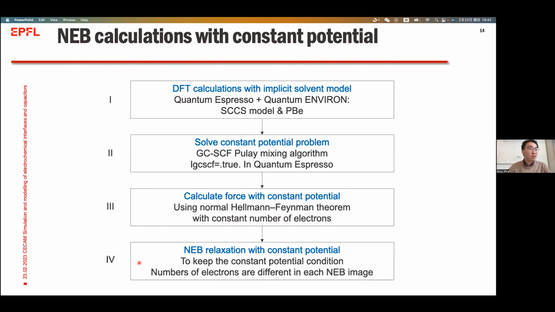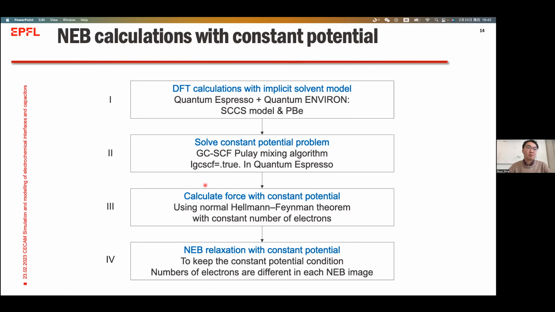So if we have a force for the grand canonical DFT, then we can first deal with the solid-liquid interface with the implicit solvent model and Poisson-Boltzmann equation, and then solve the constant potential problem with the grand canonical self-consistent polymixing algorithm in Quantum ESPRESSO.